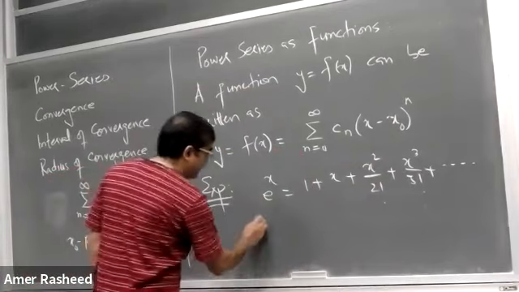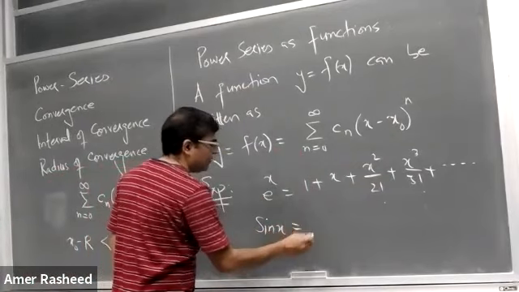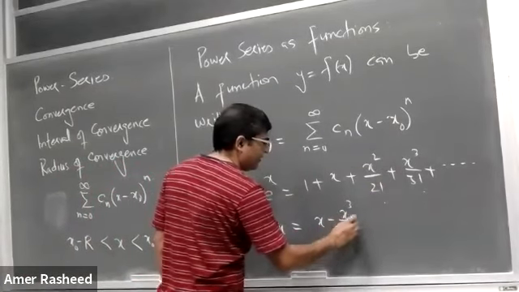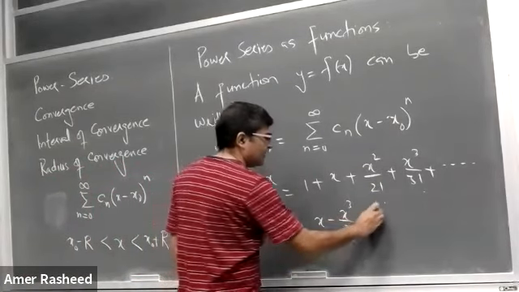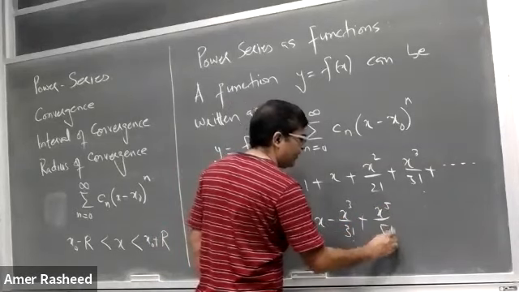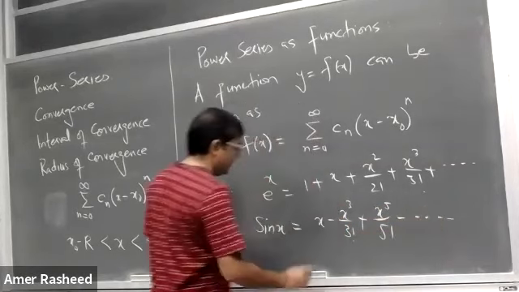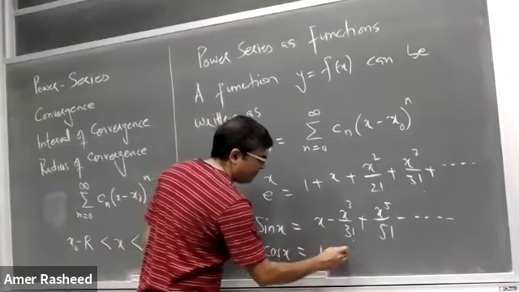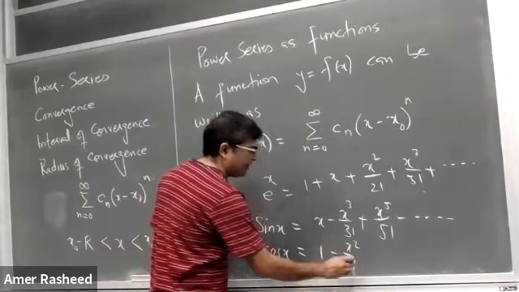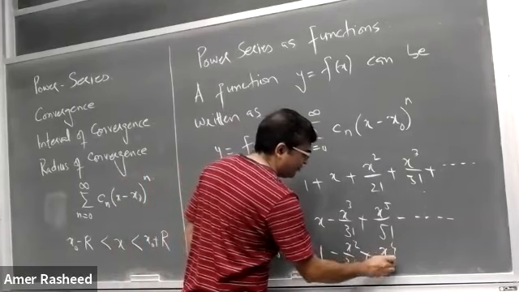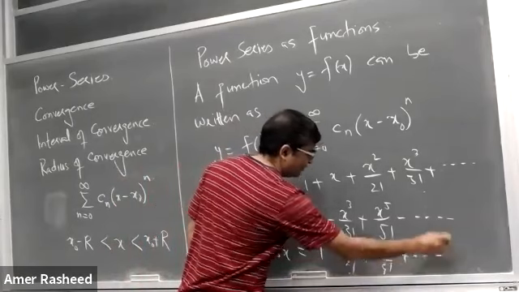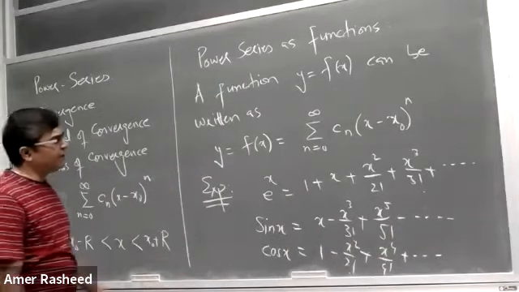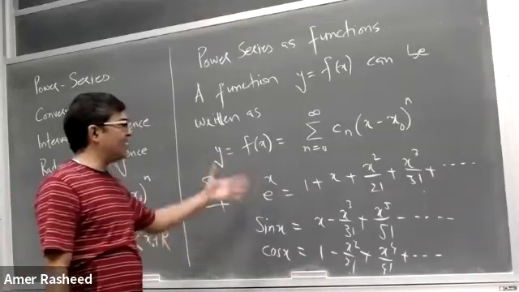Similarly, sine x is x minus x cubed by 3 factorial plus x to the 5 by 5 factorial minus so on. Similarly, cosine of x is 1 minus x squared by 2 factorial plus x to the 4 by 4 factorial minus so on. So these are basically the power series forms of these kinds of functions.